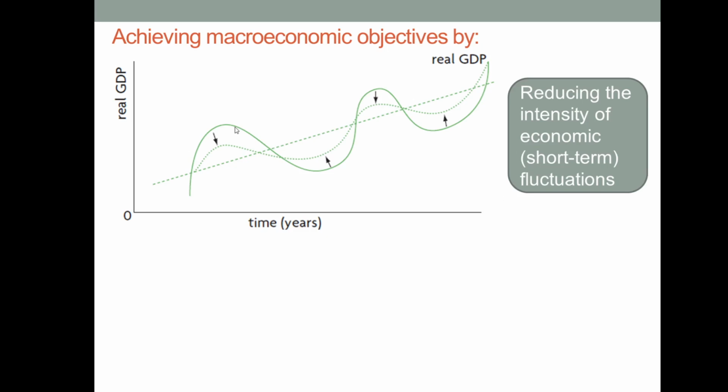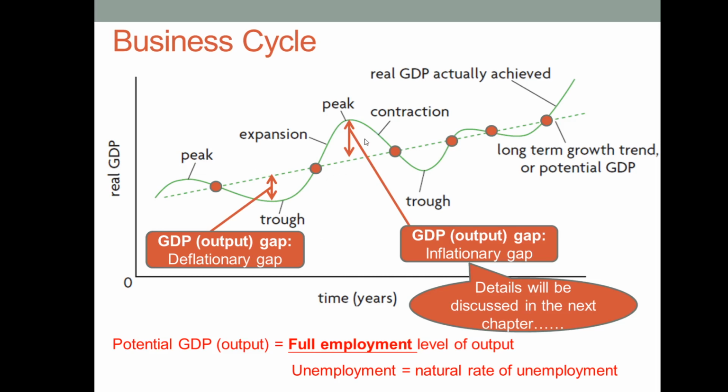Exactly. So if we are able to decrease the inflationary gap, then we are able to reduce the inflation. At the same time, if we are able to reduce the deflationary gap, because we know that the lower it gets, the higher the unemployment level that you will see, then you will be able to get a better unemployment rate.